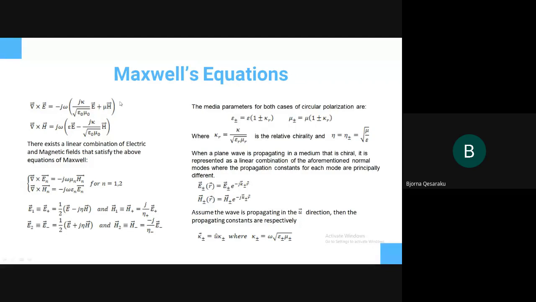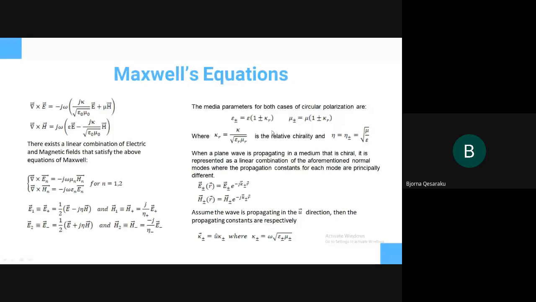We have studied them before, but now we have to replace the magnetic field with the newly obtained one, and these are the equations of electric and magnetic field that satisfy these relations here. This n here is used for 1 and 2, which I denoted with clockwise rotation and counterclockwise rotation.